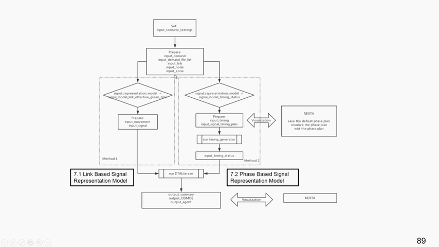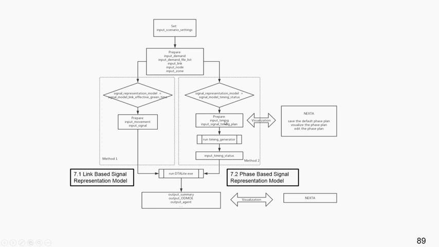And we need to prepare the standard data input file, and particularly you need to make sure you have input movement. We have the effective link green time representation, you have input movement and input signal. Or if you use the detailed phase-based timing status, you need to prepare the input timing and the input timing plan.